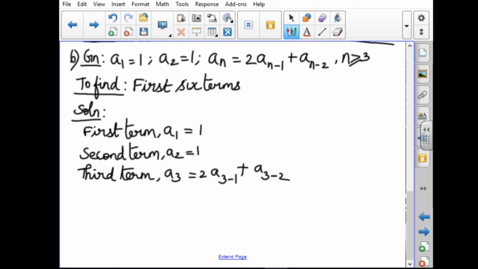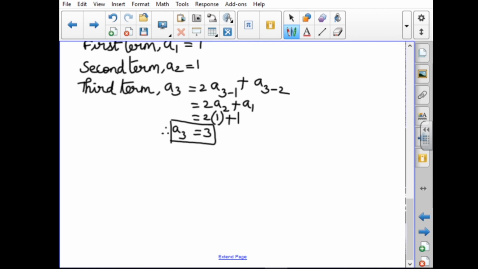Instead of n, substitute 3. This becomes 2 into A2 plus A1. A2 value and A1 value are given, so 2 into 1 plus 1. The answer will be 3. Therefore, A3 equal to 3.